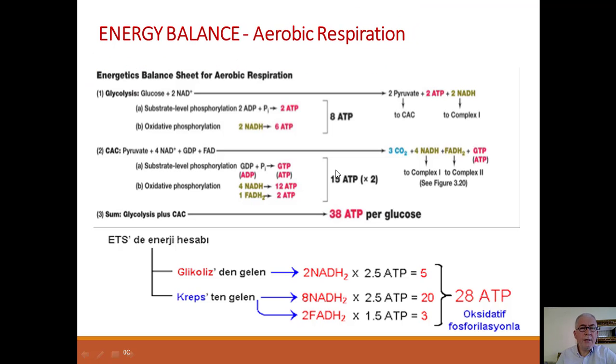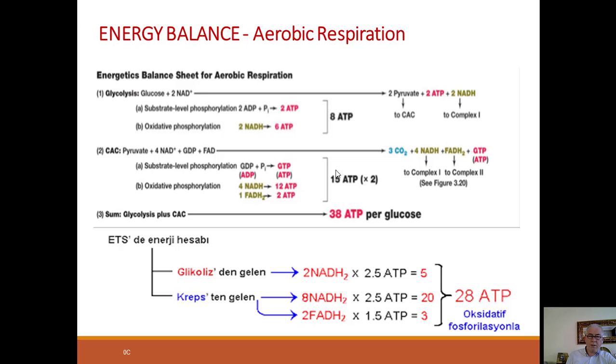When we look at the energy balance of aerobic respiration, we know very well that glucose metabolism has two phases, in aerobic and anaerobic conditions. In aerobic conditions, glycolysis produces 2 NADH and 2 ATP at the substrate level, and pyruvate dehydrogenase produces 1 NADH.